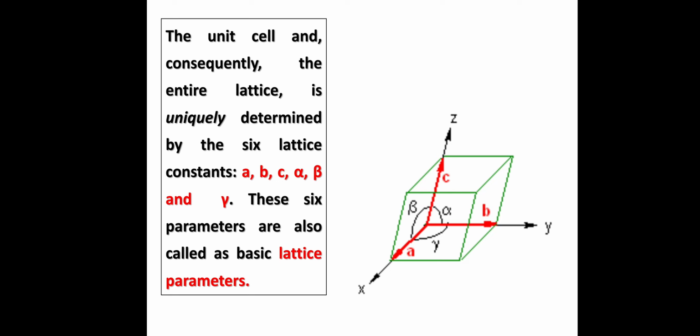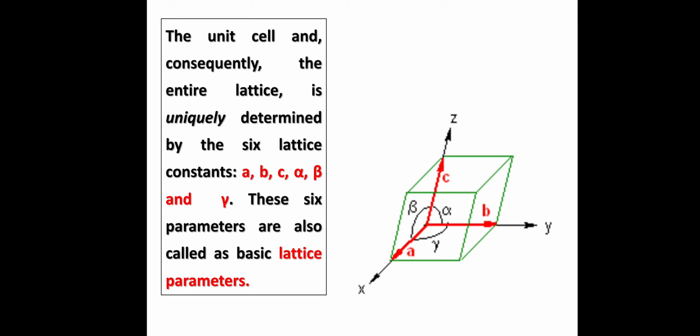Perpendicular to the yz plane, you have a. The angle between z and y is represented as alpha. This specific convention you have to follow always. Perpendicular to the xz plane, in the direction of y, you have vector b, but the angle between z and x is represented as beta.